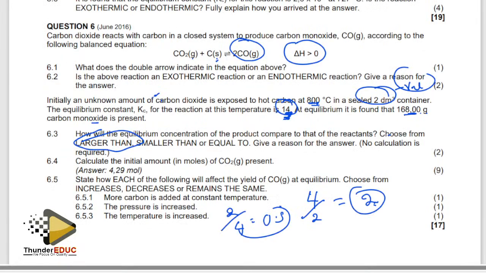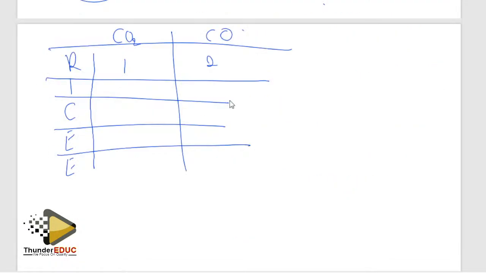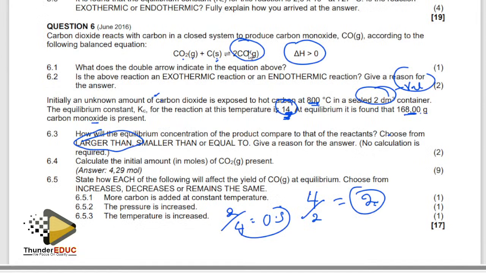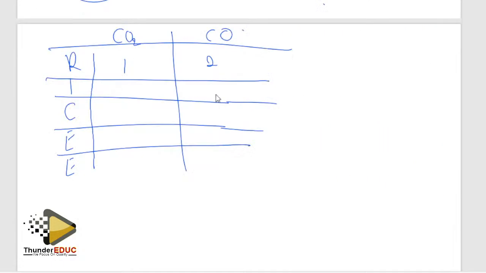Then we go to the mole ratio. Carbon dioxide is 1, and then carbon monoxide is 2. So now we are covered with that. Then we go to the initial moles. Remember, since carbon monoxide is a product, the initial is going to be 0.